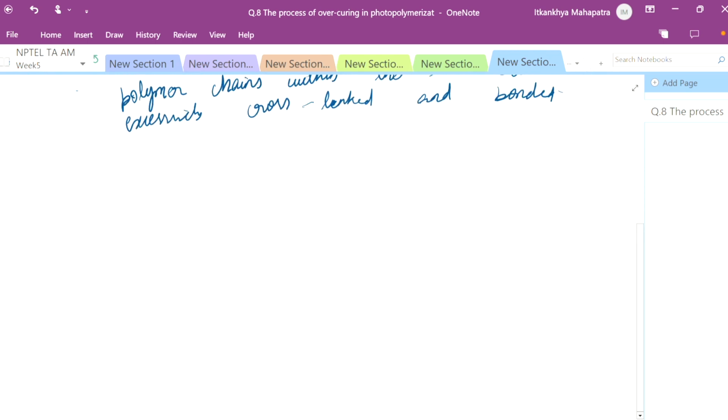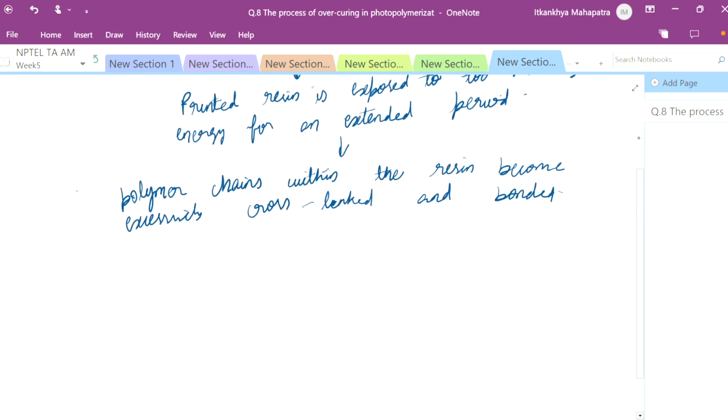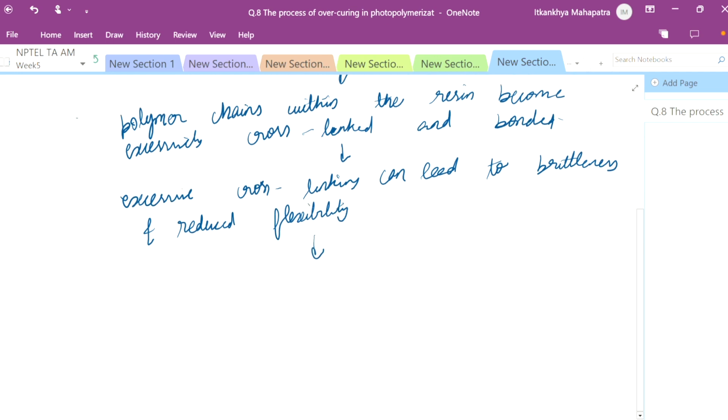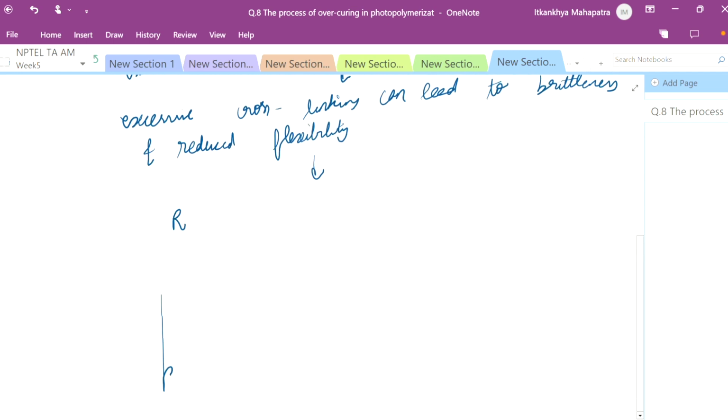Now, what happens is excessive cross-linking can lead to brittleness and reduced flexibility, and finally results in a decrease in the mechanical strength of the printed object.